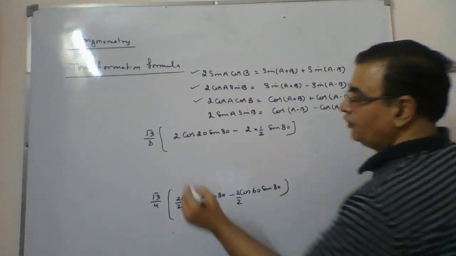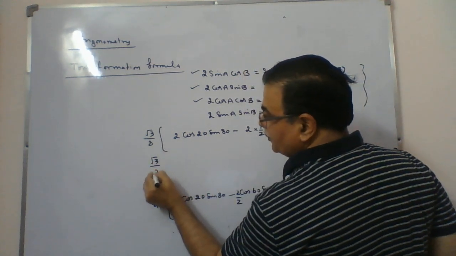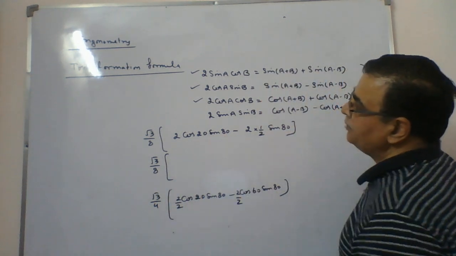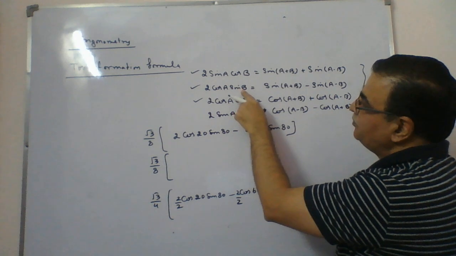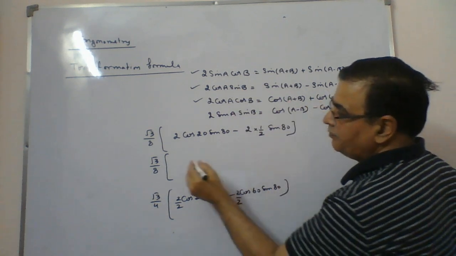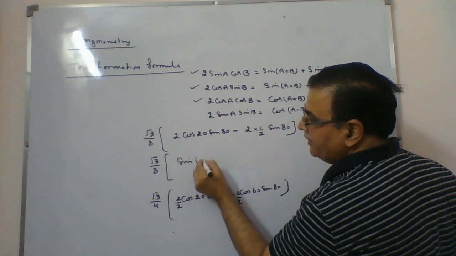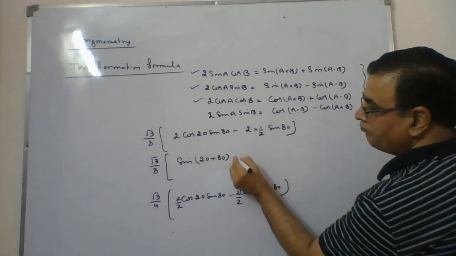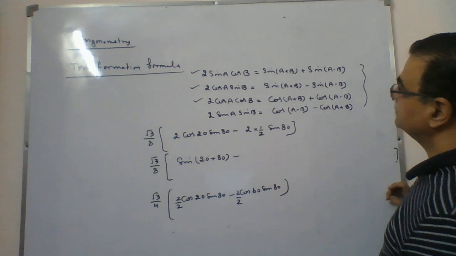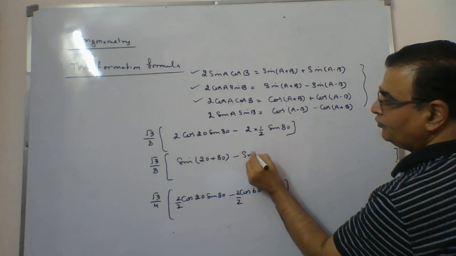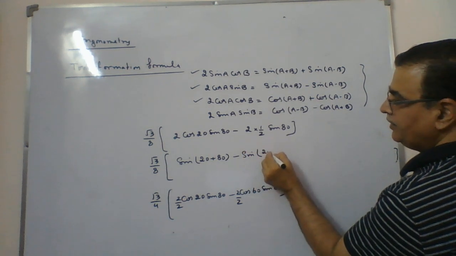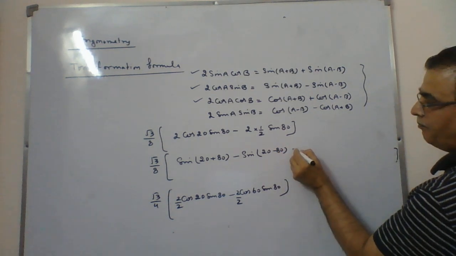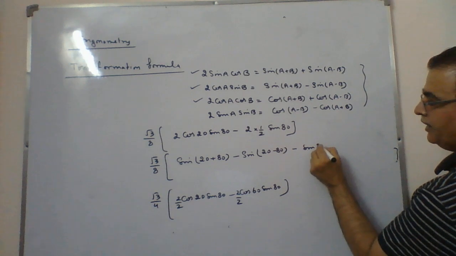Now when you solve it further, it will come out to be root 3 by 8. 2 cos A sine B is sine A plus B minus sine A minus B. So sine of 20 plus 80 minus sine of 20 minus 80, and here minus sine of 80.